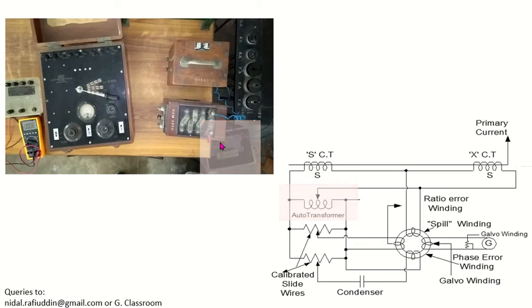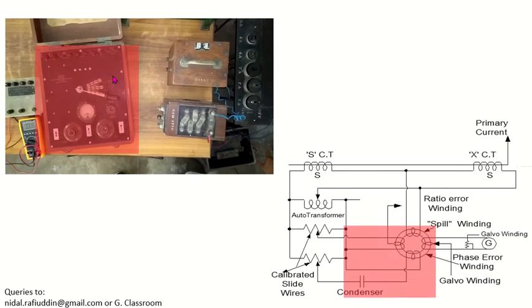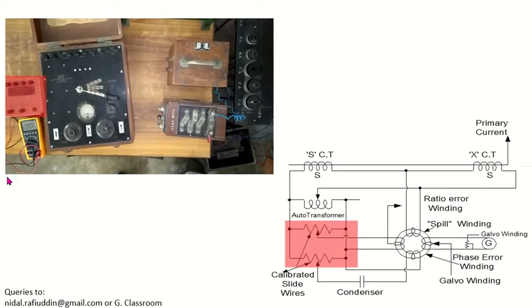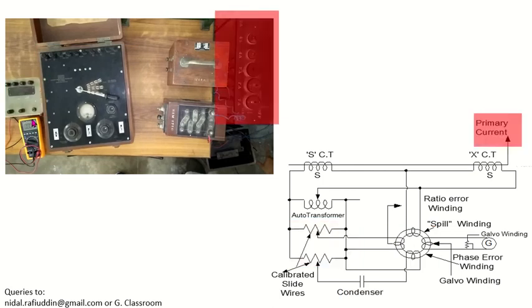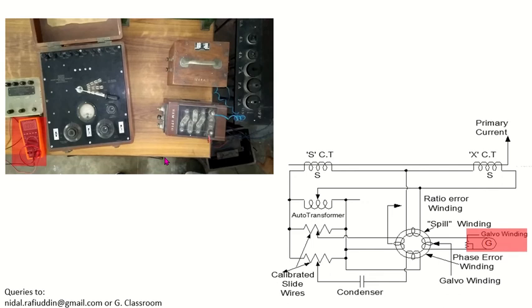In place of the auto transformer we have a single phase transformer, and for the CT testing kit we have the corresponding part of the circuit, and this is the non-inductive loading resistance. Then we have the primary current which is provided by the loads given here. Then in place of the galvanometer we'll be using a multimeter.